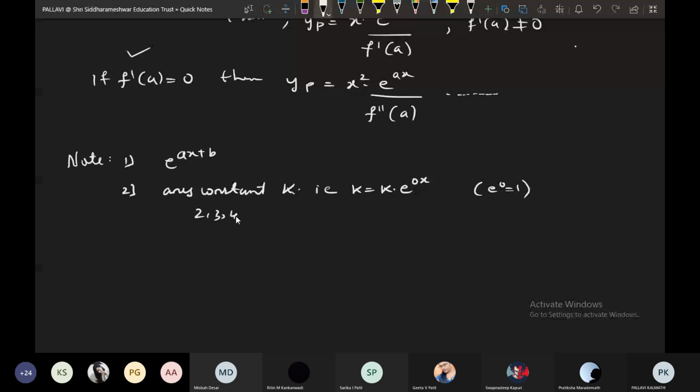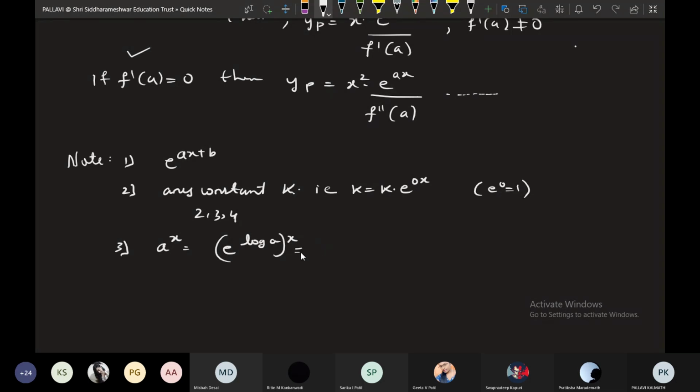Then the third: notice it is also applicable for the function a raised to ax. a raised to x can be written as e raised to log a, the whole raised to x.